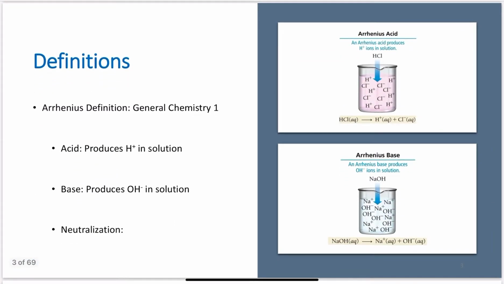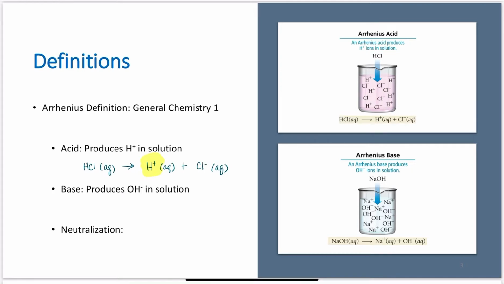So our definitions. Let's go back to Gen Chem 1 with our Arrhenius definition. The Arrhenius definition tells us that an acid is going to produce H+ in solution. So for example, HCl, hydrochloric acid, is one of our strong acids. HCl in solution forms H+ ions and Cl- ions. It produces H+ in solution.